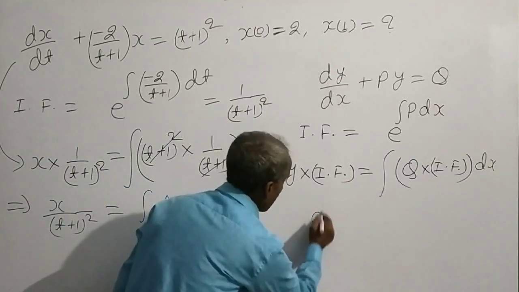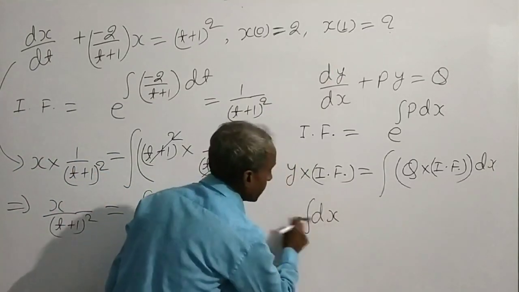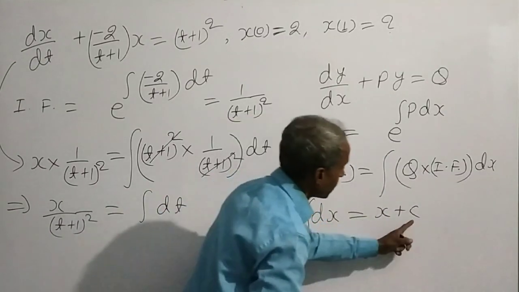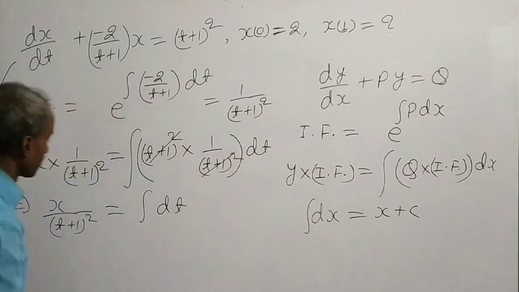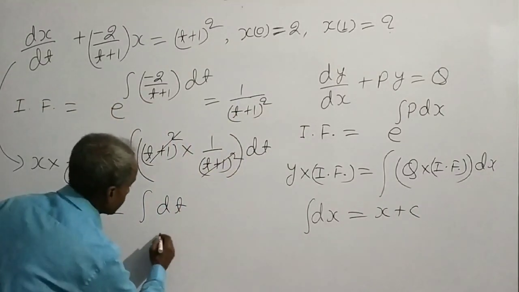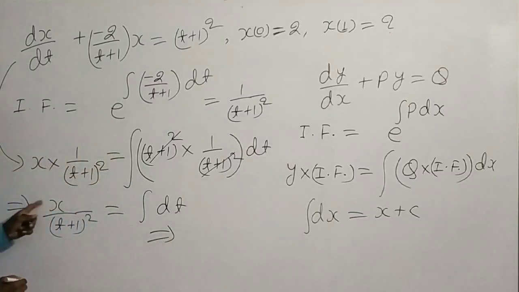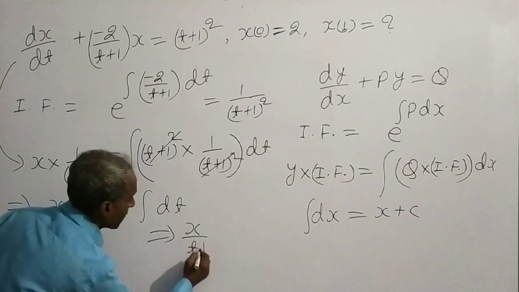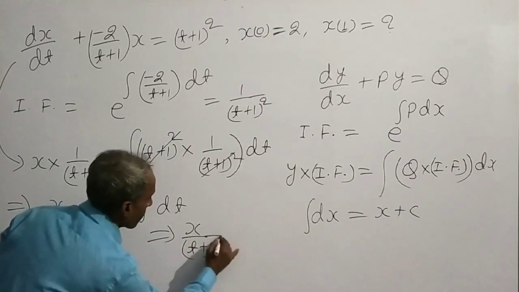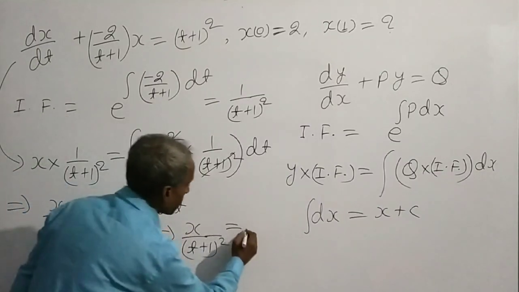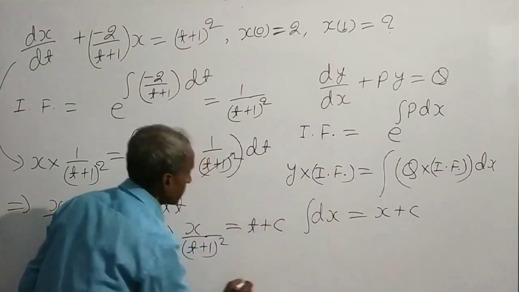We know the formula that integration of dx is equal to x plus c, where c is an arbitrary constant. So we can write here x by t plus 1 square is equal to t plus c.